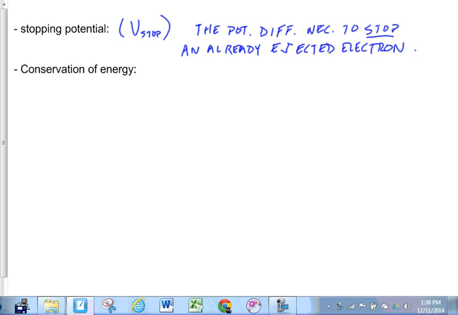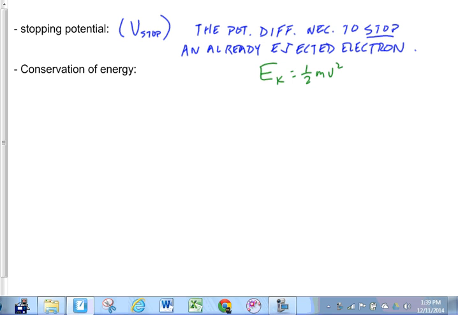Now, we can relate the stopping voltage to an equation that we've already seen before. The kinetic energy of the ejected electron is 1/2 mv squared. But that kinetic energy, as the electron slows down and stops, gets converted to what? As the car goes up a hill, the kinetic energy gets converted to potential.